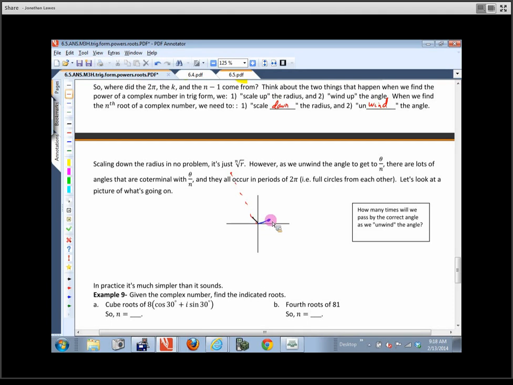Let's say that's the correct answer. Well, when I scale it down and then unwind it to get back here, I might go past the correct angle several times as I unwind. And if I unwind it n times, I'm going to go by the correct angle n minus 1 times.